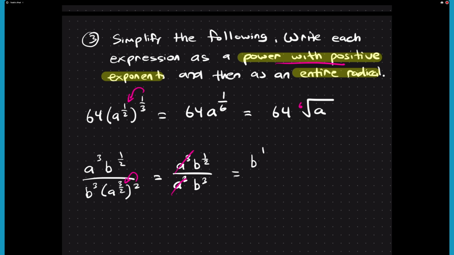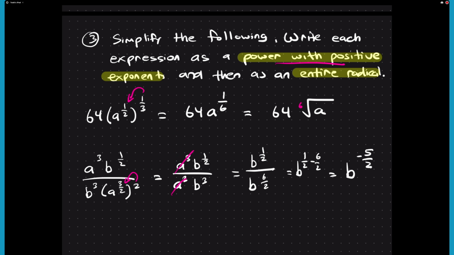It's b to the 1 over 2 all over b to the, now how do I express 3 as a half, with an exponent of 2, that would be 6 over 2. So now I've got b to the 1 over 2 divided by b to the 6 over 2. I'm going to subtract those, so it ends up being b to the 1 over 2 minus 6 over 2, which is going to equal b to the negative 5 over 2.